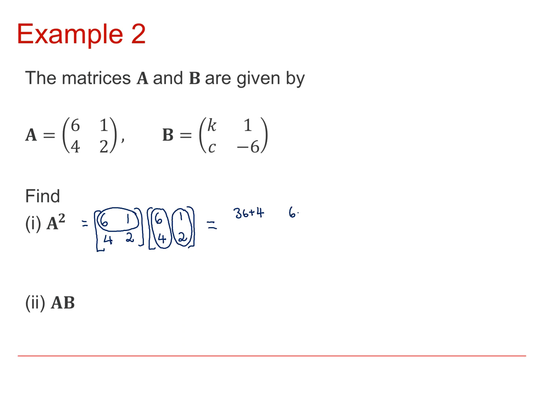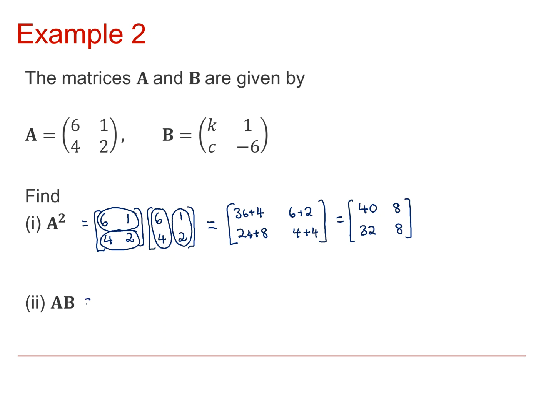That's 6, add 2. Second row times first column is 24, add 8. And second row times second column is 4, add 4. Working that out, we get 40, 8, 32 and 8.